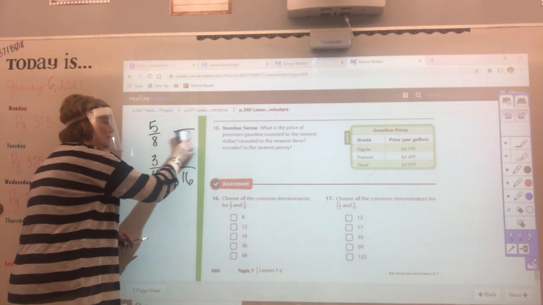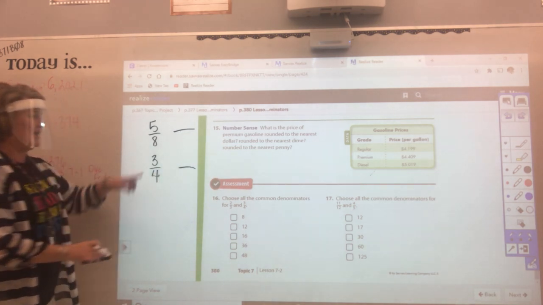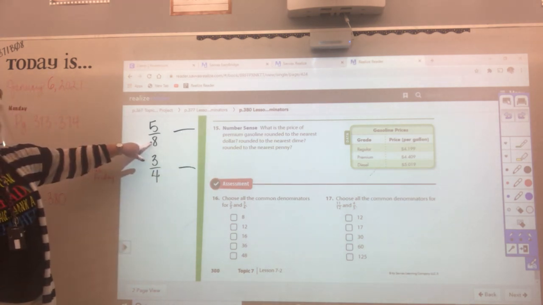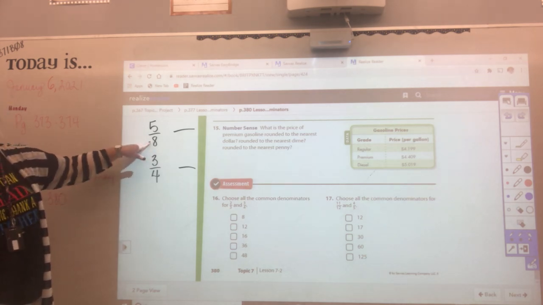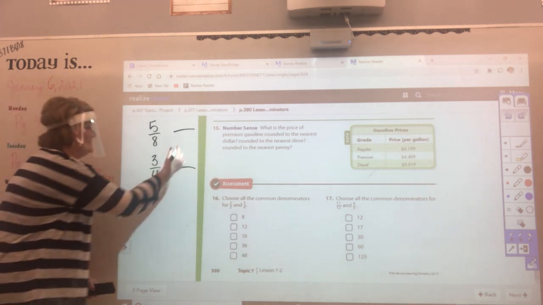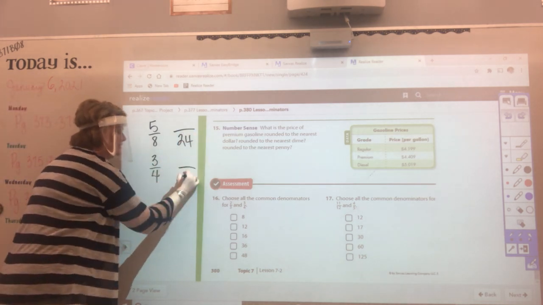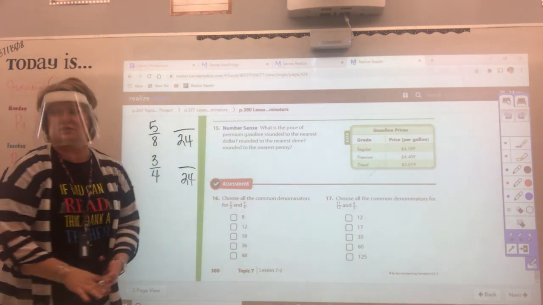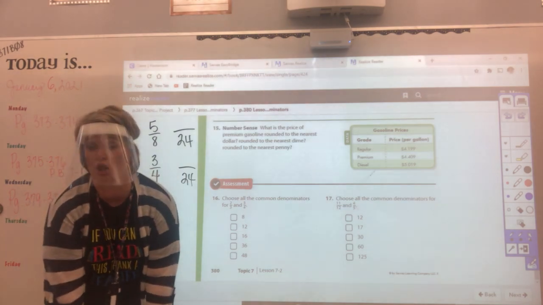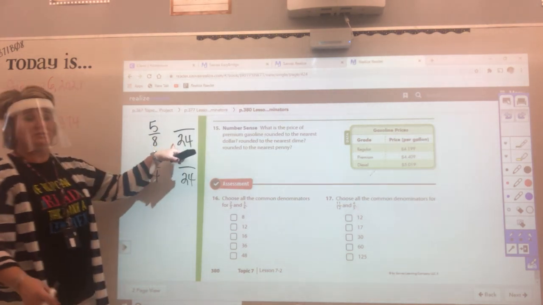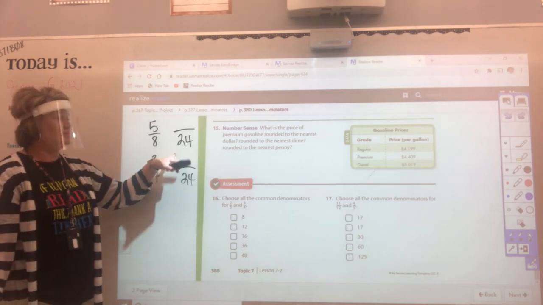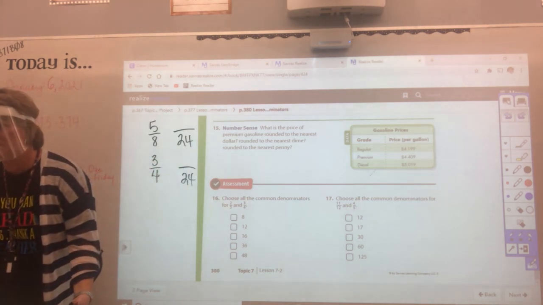What if they would have said 8 times 3? What is 8 times 3? 24. Is 4 times anything 24? It is. That would have worked too. It's not the best answer though because it's not the lowest. So 8 would have worked, 16 would have worked, 24 would have worked. So there's multiple denominators that will work.